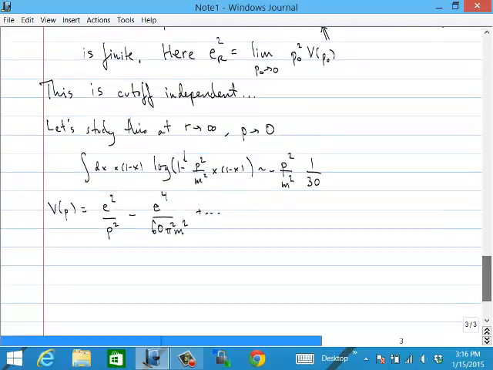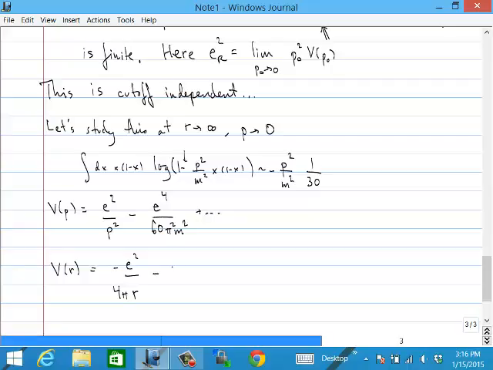Or, if you take the Fourier transform, well, I told you that first term Fourier transforms to the usual Coulomb law, so 1 over r. And the Fourier transform of a constant, which is the second term, is just a delta function.